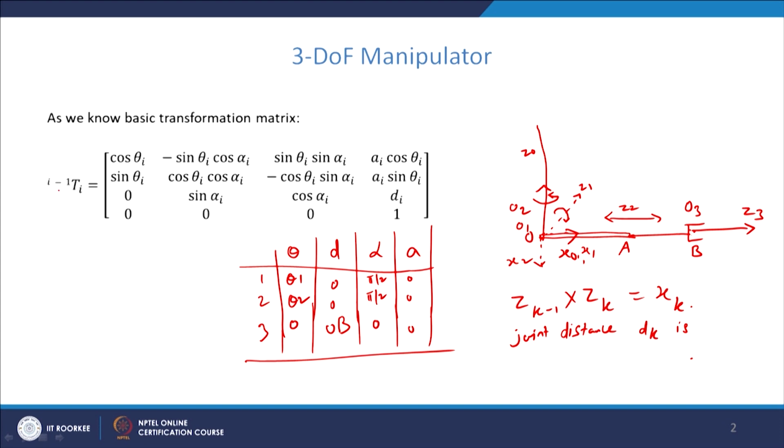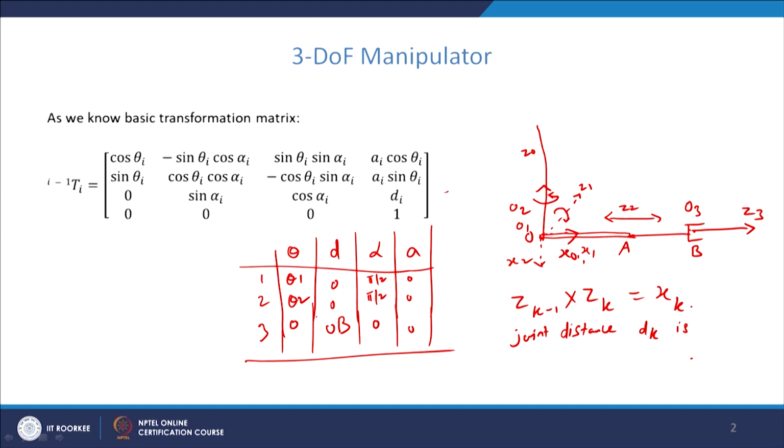In the previous lecture, we have seen how to construct the homogeneous transformation of the ith coordinate frame with respect to the I-1 coordinate frame. It is given by this 4 by 4 matrix, where theta I, di, alpha I, ai are the corresponding joint parameters.